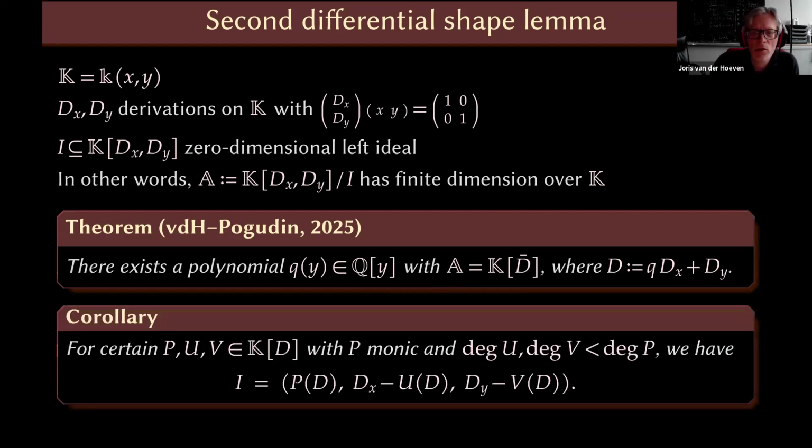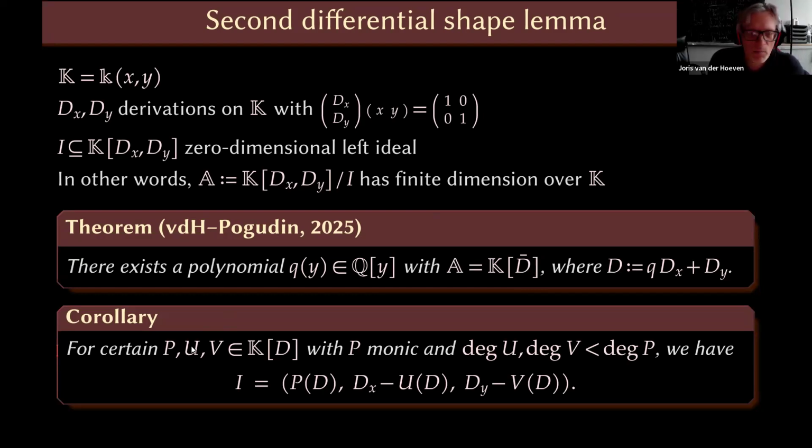In particular, since this quotient is finite dimensional over K, there is some minimal polynomial, let's say P. And also, since this generates everything, the projections of dx and dy can also be generated.